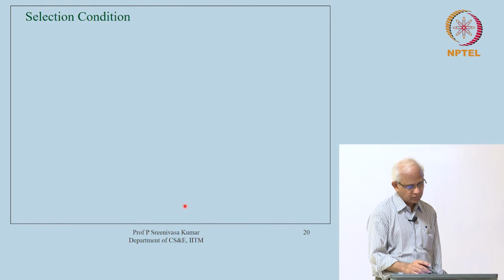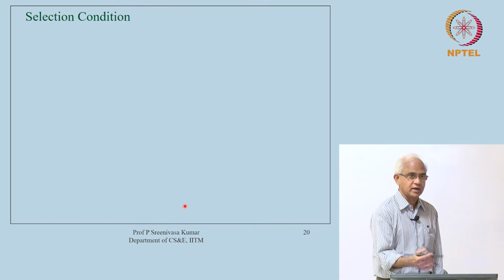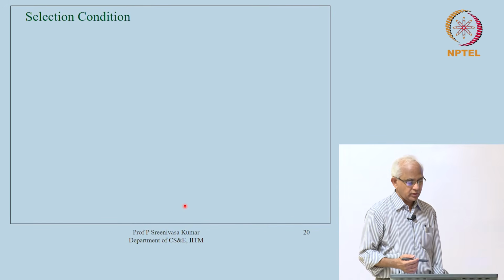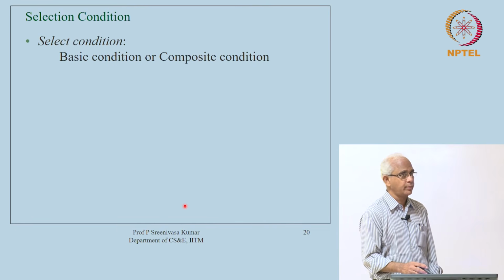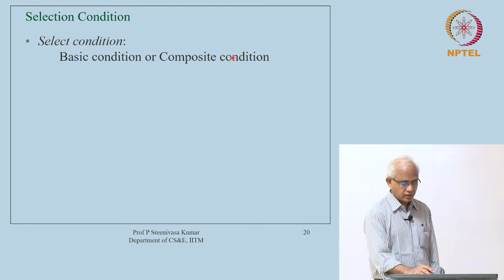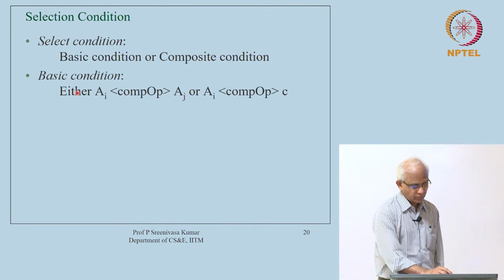Let us go into the details about what exactly is the selection condition. A selection condition can be either a basic condition or a composite condition. The basic condition can be of either of these two forms. You take an attribute and compare it with another attribute.